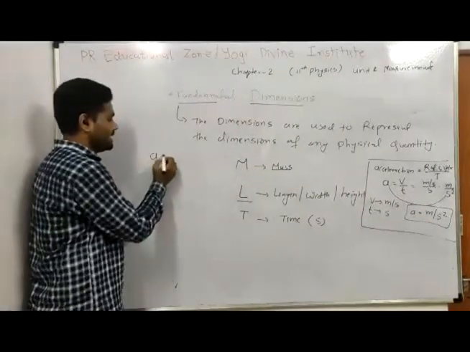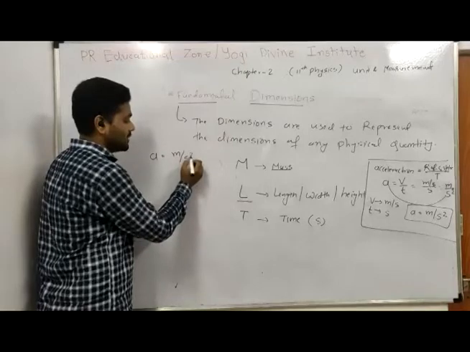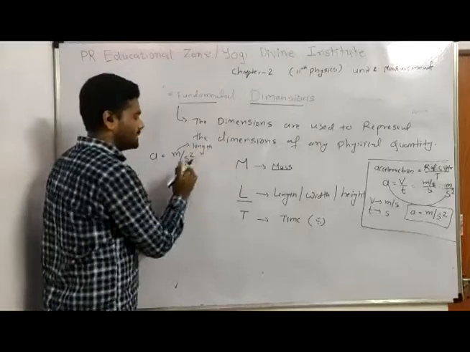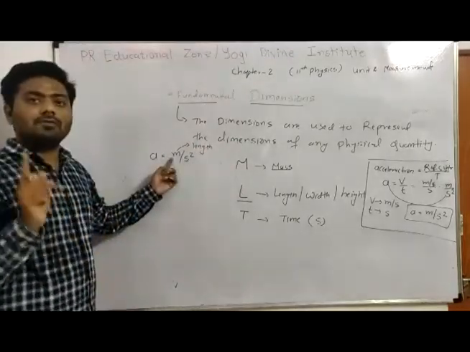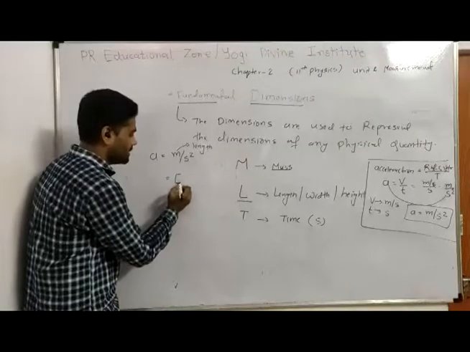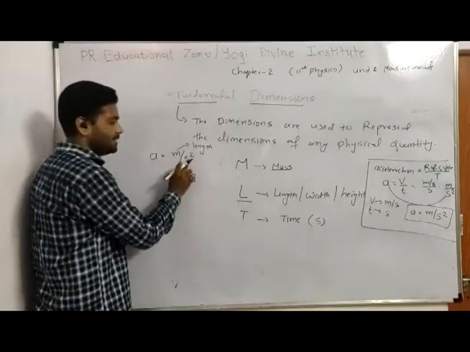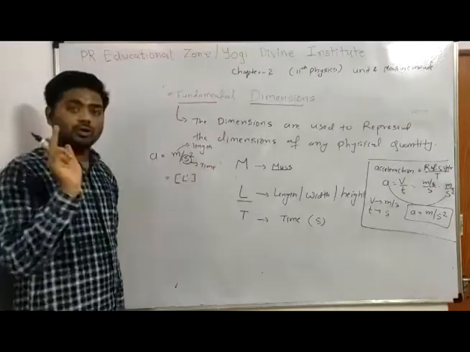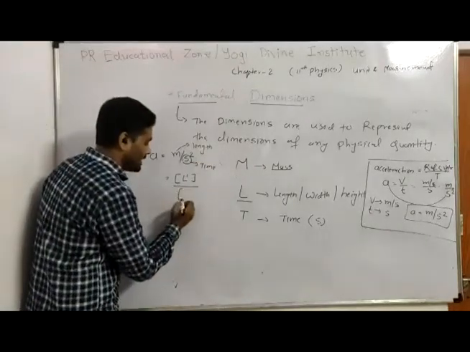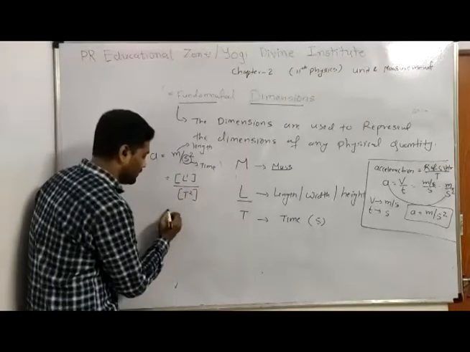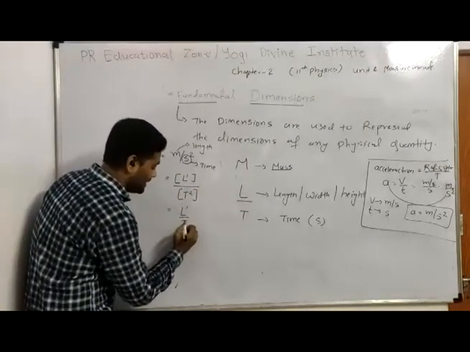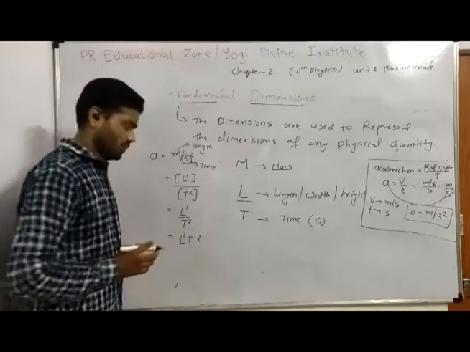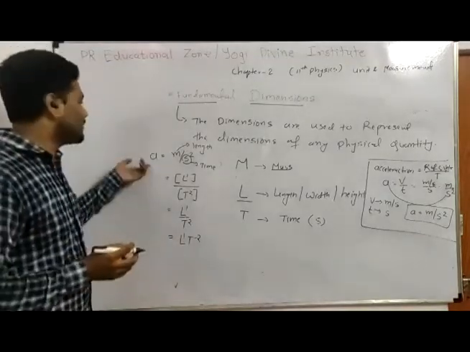Acceleration is indicated by meter per second square, where meter represents length with power 1, so it will be represented by length power 1, and second represents time with power 2, so it will be represented by time power 2. After solving all this, we get L1 T minus 2. So this is the fundamental dimension for acceleration.